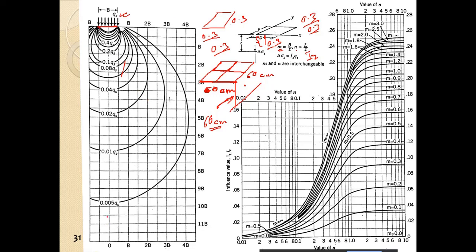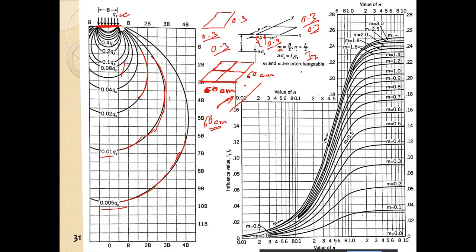Here you see it is 0.005 of QS, this is 0.01 of QS, and similarly as we go on, ultimately this will be QS. QS is only here, and as the depth increases, we will have a decrement in the stresses in the soil. So the stress will be distributed.